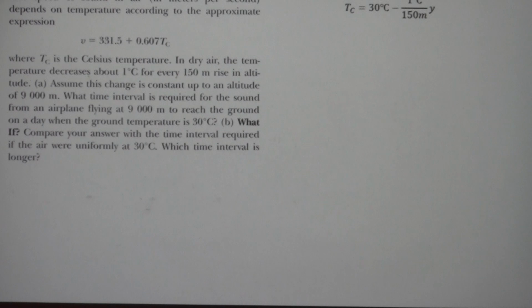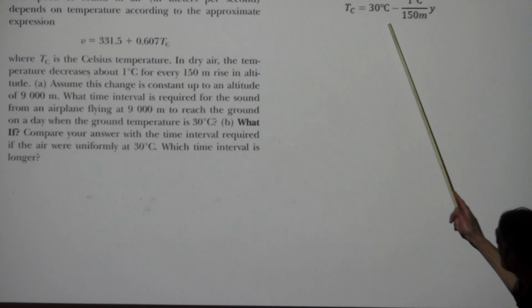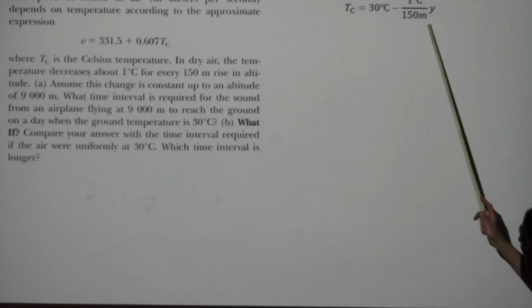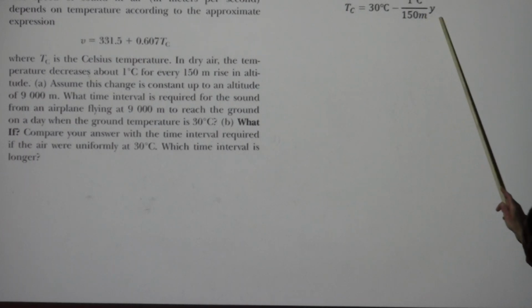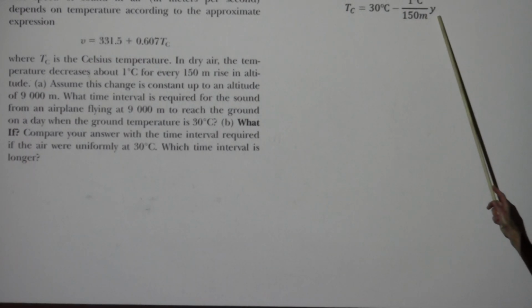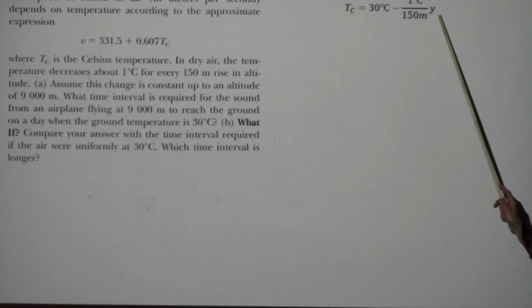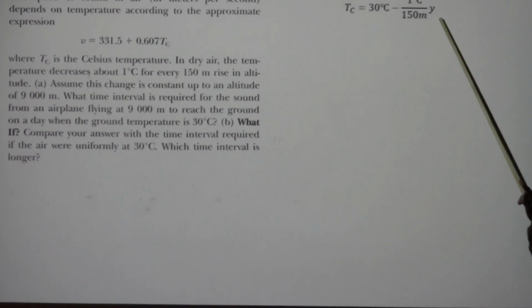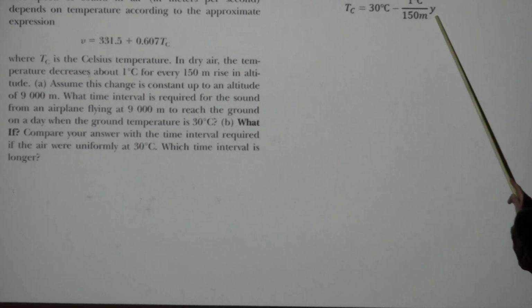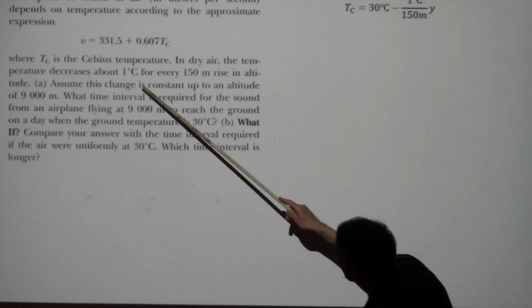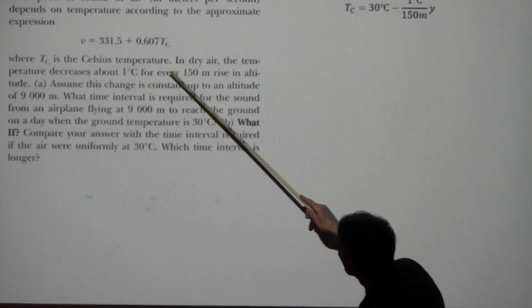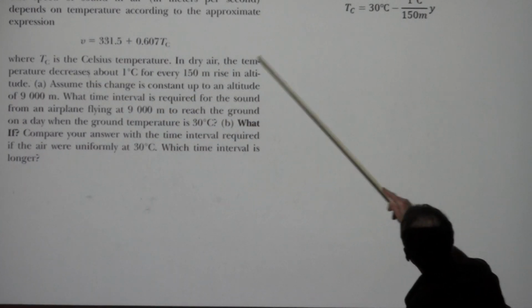So what I'm doing first here, we really need to come up with a basic expression for the temperature in Celsius depending on what altitude we're at. The y is going to be the distance above the ground. It decreases by 1 degree Celsius for every 150 meters up.